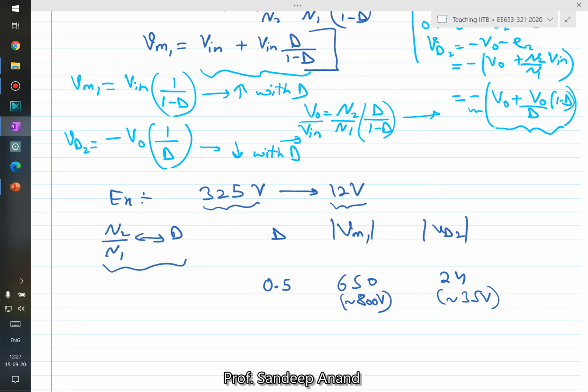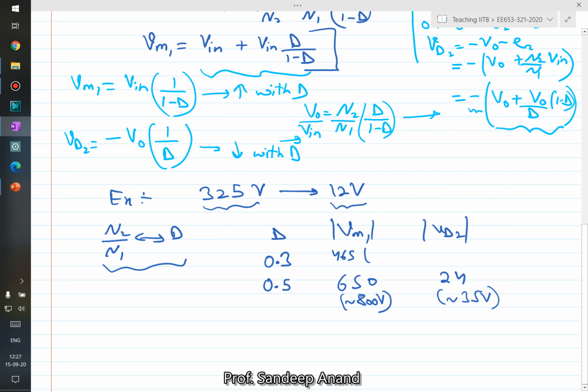So it may so happen that while designing, you may find those MOSFETs to be expensive, or you may find that those MOSFETs are not very high quality. That means that they are not offering a very low RDS on and so on. So you might not end up getting a good efficiency. So what you can do is, let's say, make your D 0.3 nominal, right? If you do that, then this value becomes 465, right?